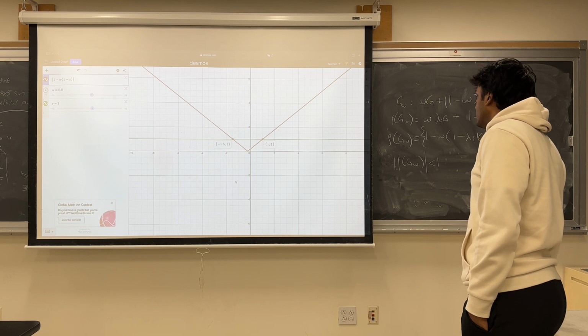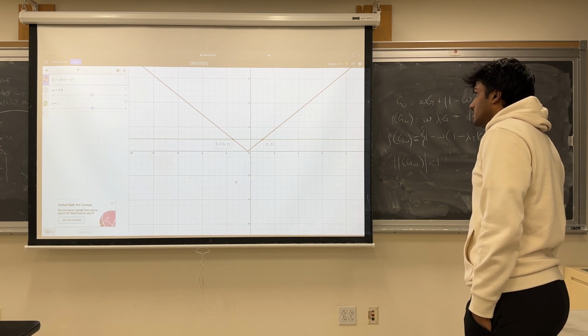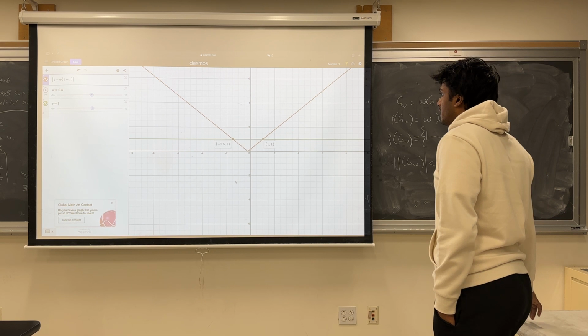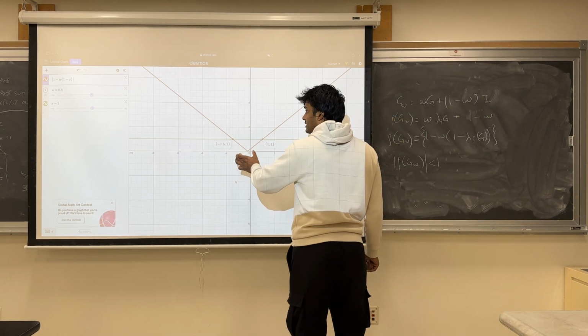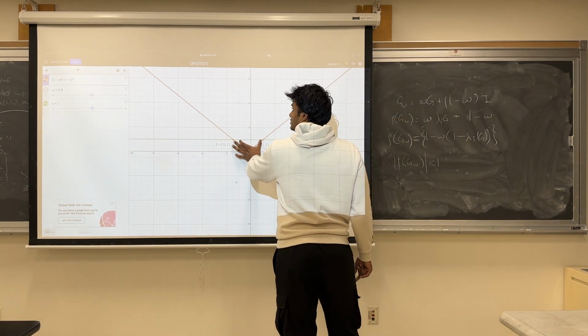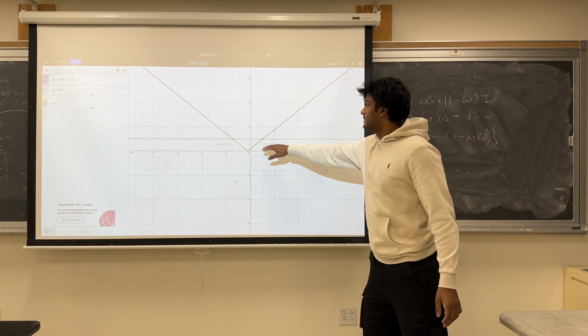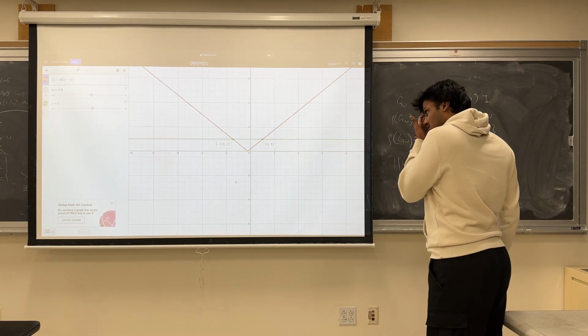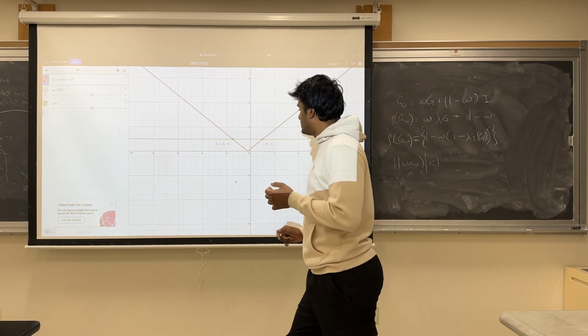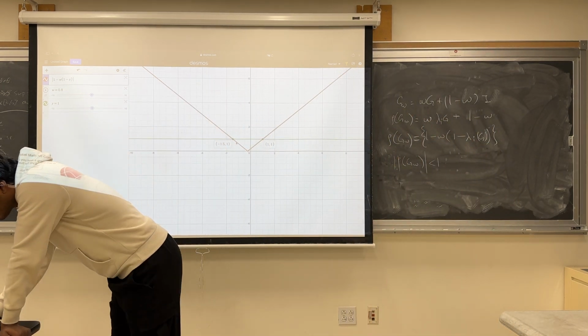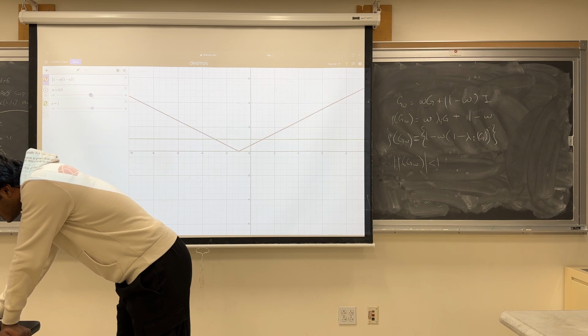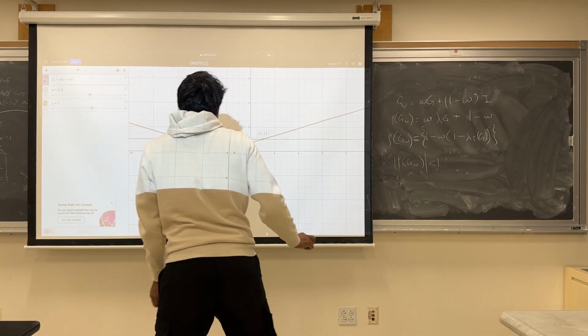This is what I want it to be like. For a given omega, if the eigenvalues of matrix G lie between these two numbers, then the eigenvalues of this matrix will always be less than 1. By changing omega, what I notice is that the x-intercept is always 1.